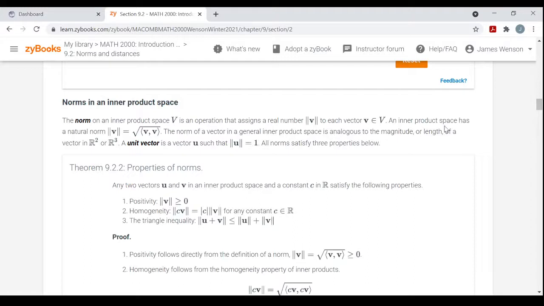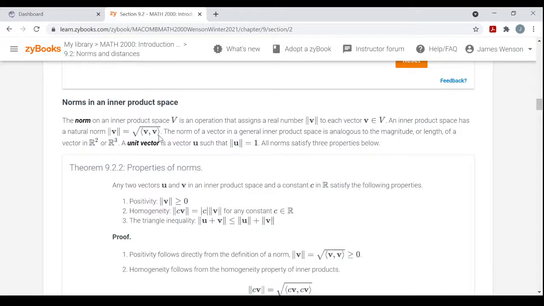Right. An inner product space has a natural norm. So we're going to define the norm of a vector to be the following: the square root of the inner product of that vector with itself. Okay, so here's the definition of the natural norm for an inner product space. I'll just say the norm.